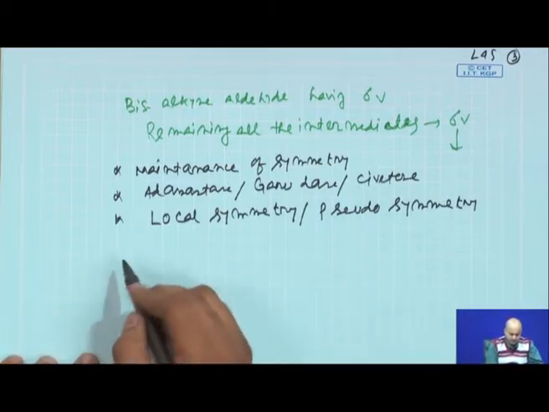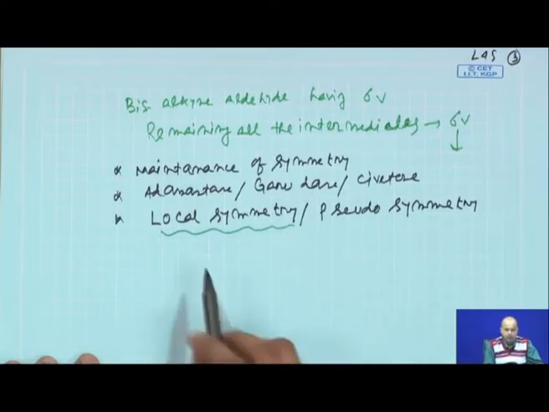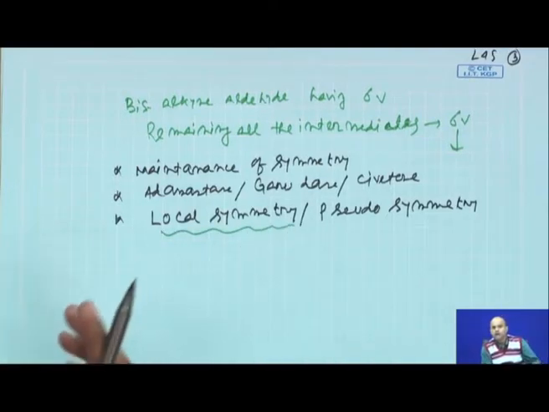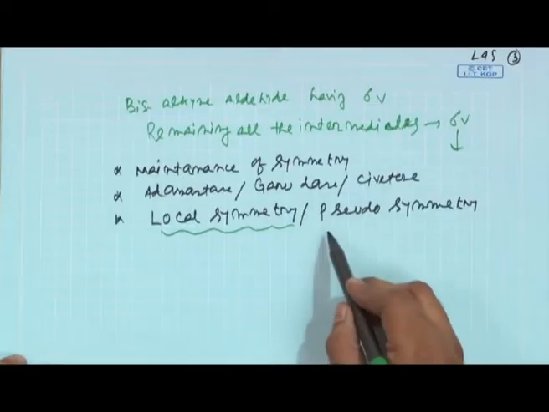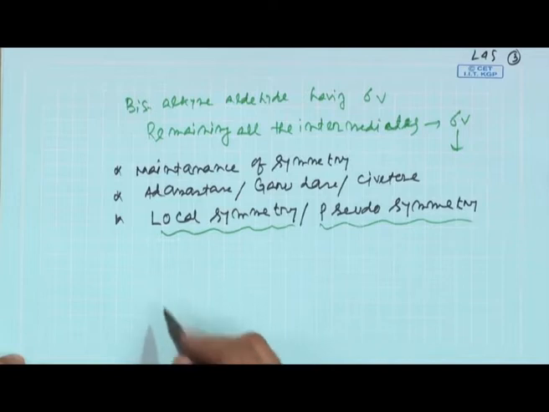Now, as I said, local symmetry, the name implies a molecule or a particular segment of a molecule contains a symmetry, and that gives a local symmetry. And due to the presence of the local symmetry, the entire molecule is not symmetrical, but is like a symmetrical molecule. That is called a pseudo symmetry.